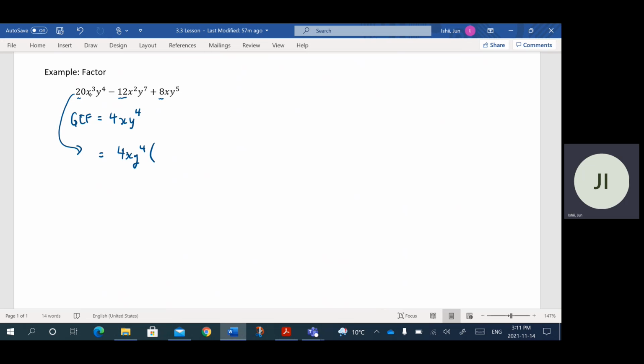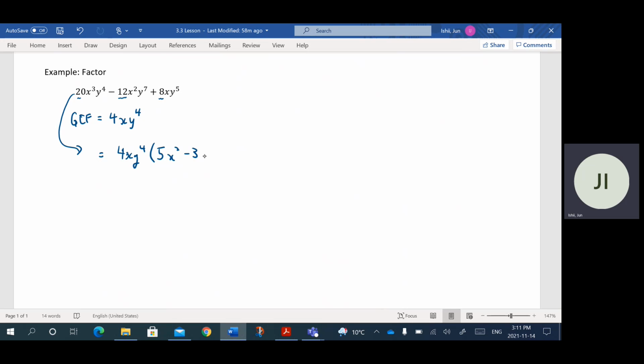And rather than writing it all out, I'm basically just going to do this fairly quickly. So 20 divided by 4 is 5. And then I'm just going to subtract the exponents, right? So x cubed divided by x is x squared. Y to the 4th divided by y to the 4th, well, those cancel, right? So that's the first one. Next up, negative 12 divided by 4 is negative 3.